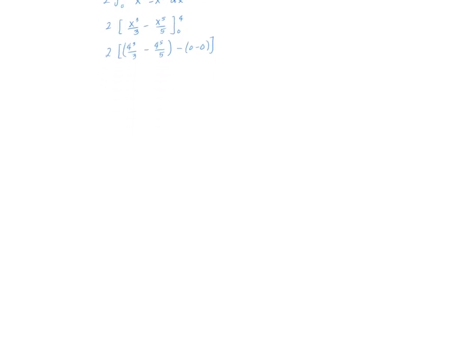Now 4 to the 3rd and 4 to the 5th, I'd have to use a calculator to figure that out. And after I do and multiply it by 2, I'm going to have that this is equal to negative 5504 over 15.